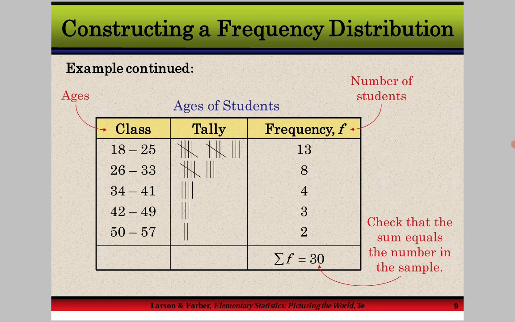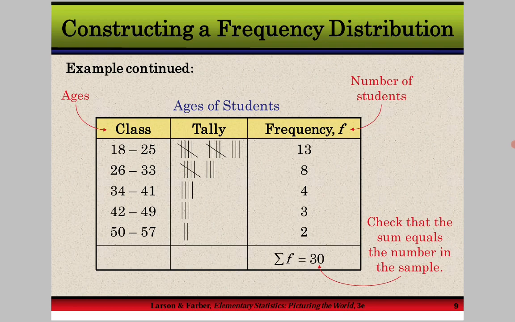This is a simple example sample diagram to find a class interval or frequency distribution of sample data. After finding the frequencies of all the data ranges, we find the sum of the total frequencies.